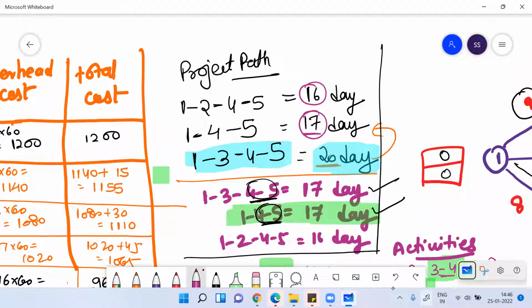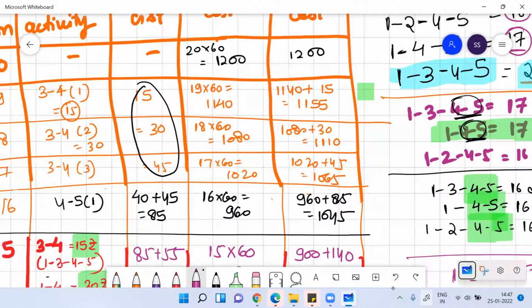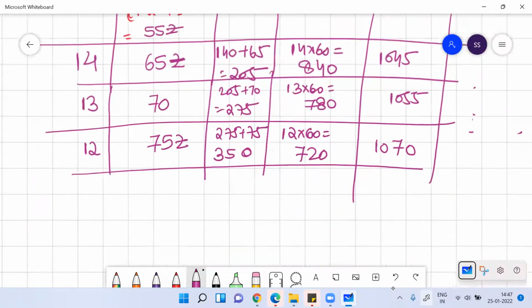But from 17 days, if you're trying to reduce, you need to make sure that the other path should also change accordingly, because everything is interdependent on each other. So if you're reducing one activity, it automatically impacts the other activity. So max to max, I can reduce it to 12 days.